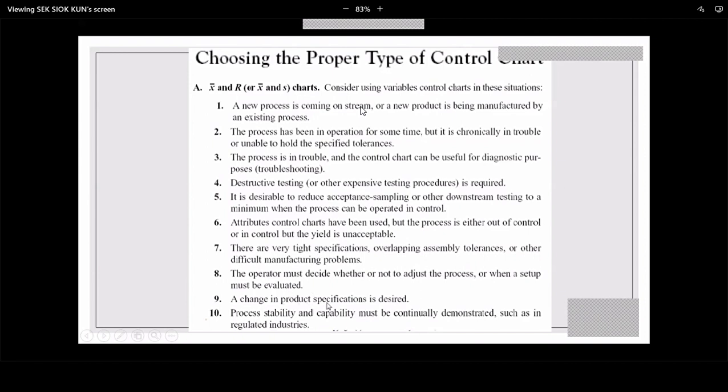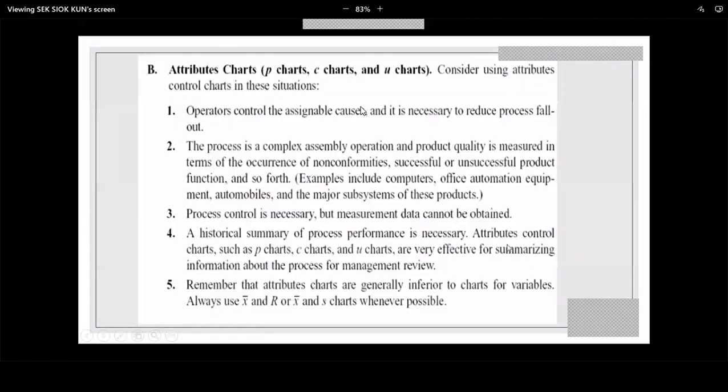A change in the specification, or the process level. Then these are the conditions to apply attribute charts. So the operator controls the assignable cause, and it is necessary to reduce the process fallout.